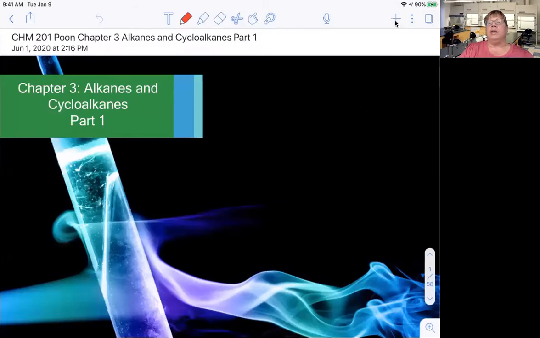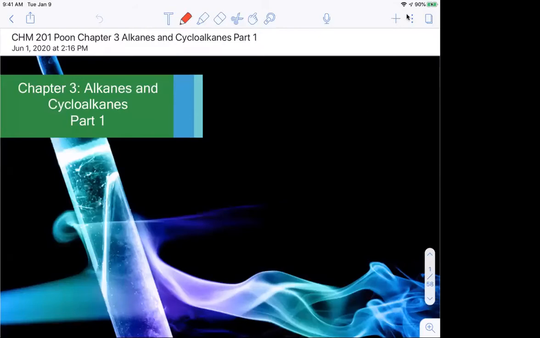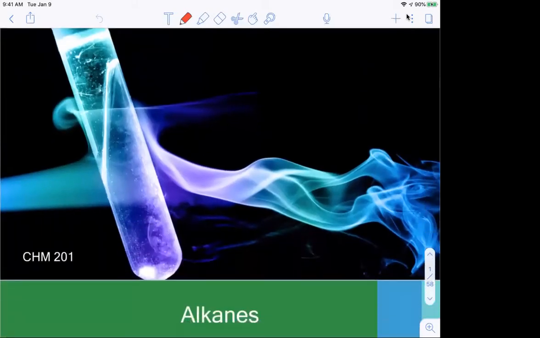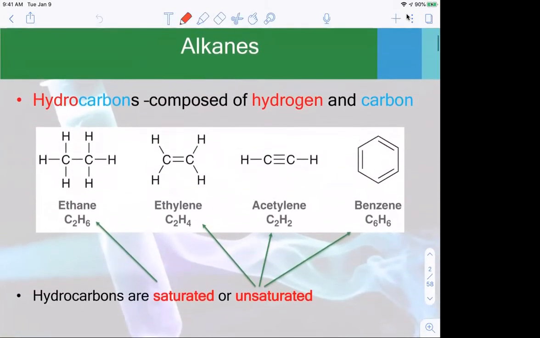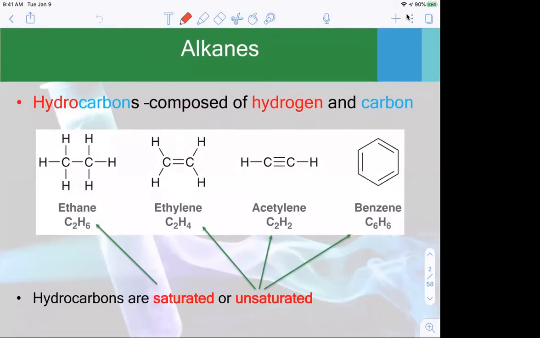All right, so we are looking at alkanes and cycloalkanes. So when you think about these, what you want to notice is that alkanes are considered to be hydrocarbons. So alkanes have hydrogen and carbon, and that's all. I only have those 2 elements when I'm talking about an alkane.